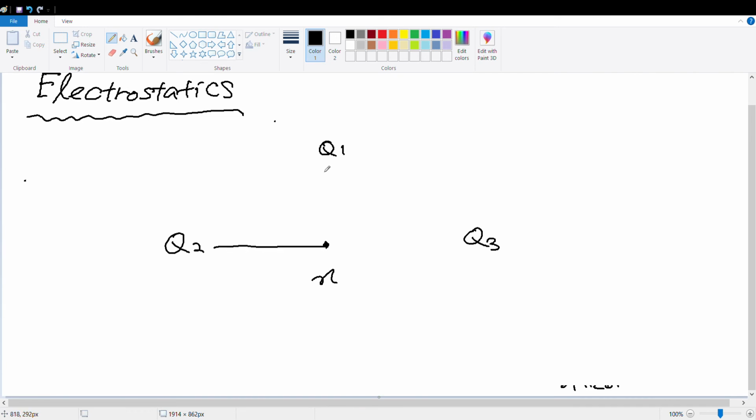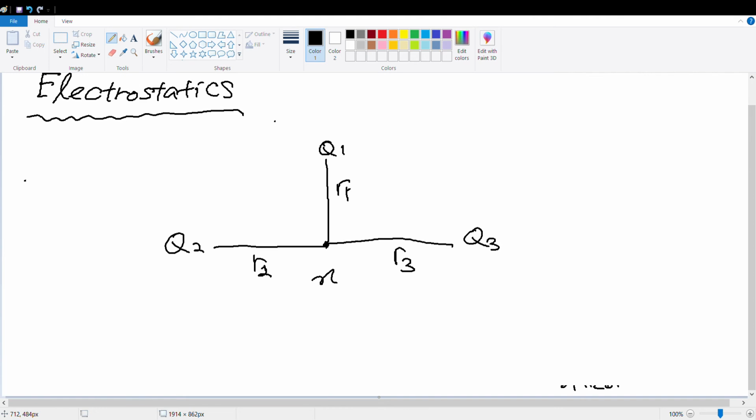Each of them has its own distance from the point X. So this is R1 and this is R2. All of them have their own distance from point X.